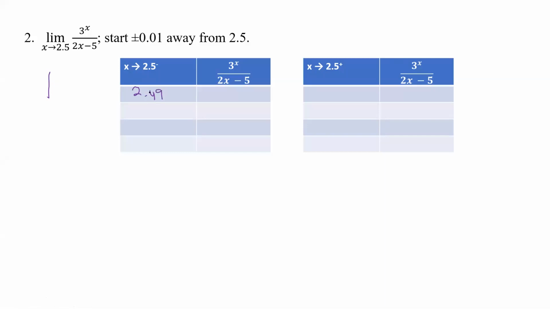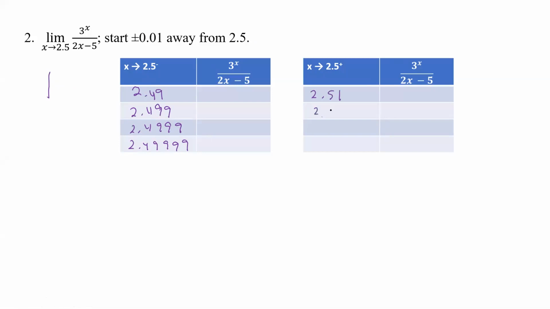Now we're going by a tenth each time, so then we'll get 2.499, then 2.4999, and we'll get 2.49999. And from the right, so now it's going to be 2.51, that's 0.01 away.